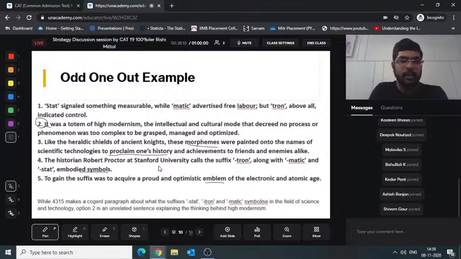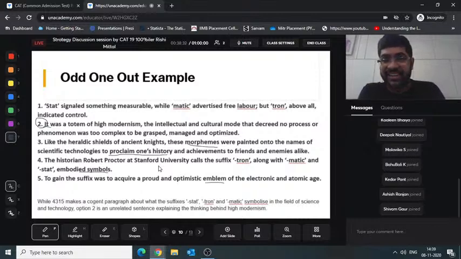Also, go through this example, if you have understood the explanation that I have given, if you have understood why option 2 is the odd one out. Right, so let's move forward.